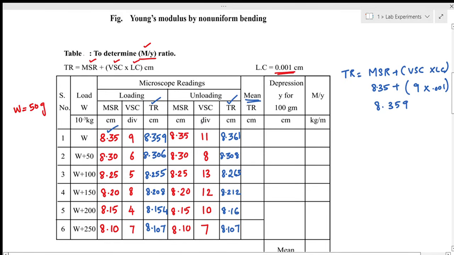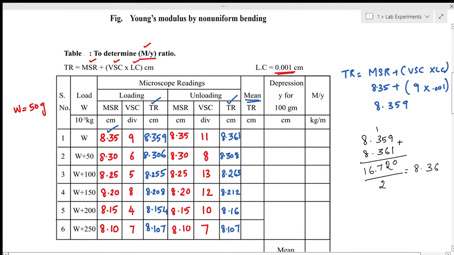The mean total reading is the total reading of loading and the total reading of unloading added and then divided by 2. So take your calculator: 8.359 plus 8.361, I get 16.720, divided by 2, 8.360.